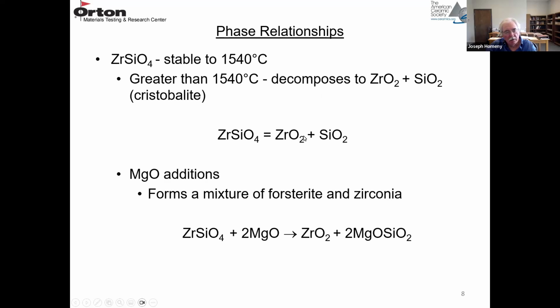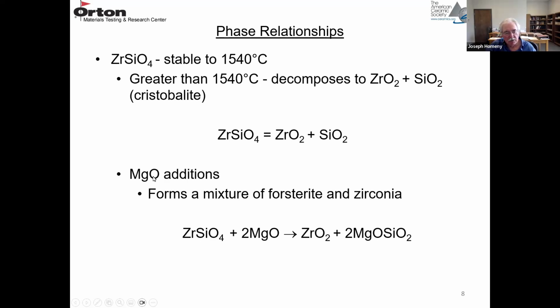Or another possibility, when zircon decomposes at 1540 degrees C, you can add MgO. So now you have zircon plus MgO, and that forms zirconia plus forsterite, this magnesium silicate, which is a high temperature material.